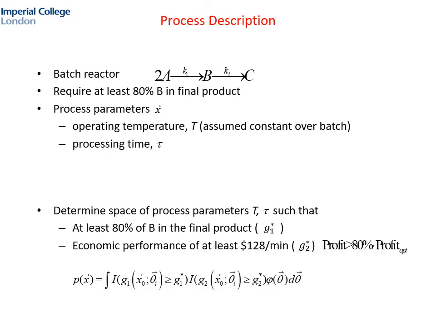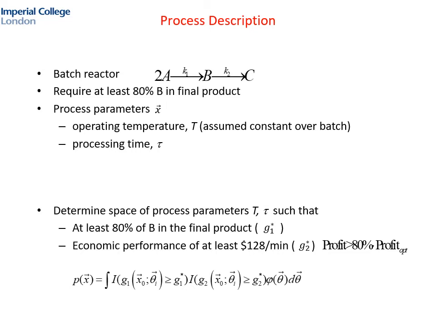In this case study, process parameters X would be operating temperature T and processing time tau. The task is to determine the space of process parameters T and tau such that at least 80% of product B is in the final product.